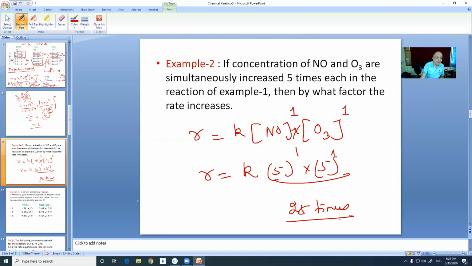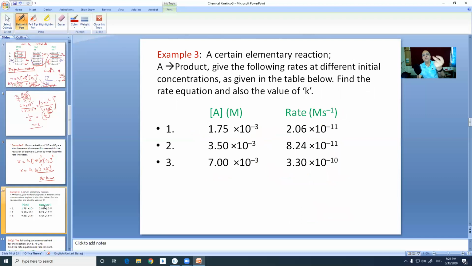Now you will be solving these problems in class. Another type of table, same type of this. There are 3 data. Same problem, A giving product, only one reactant. Whether it is second order, first order, or 0 order, let us find out. There is no keeping constant here, there is only change. So from 1 to 2, exactly it is doubled.